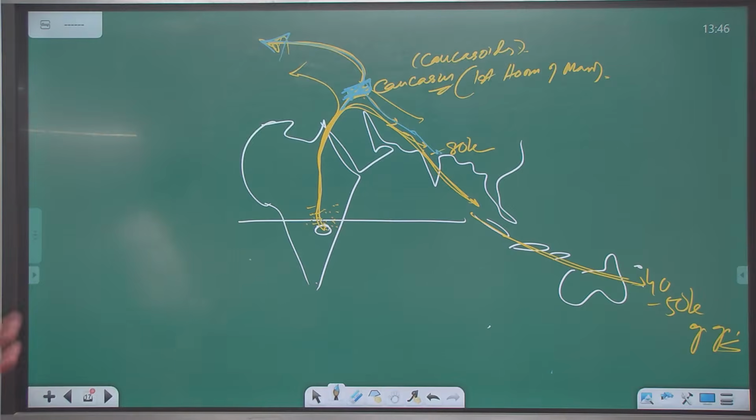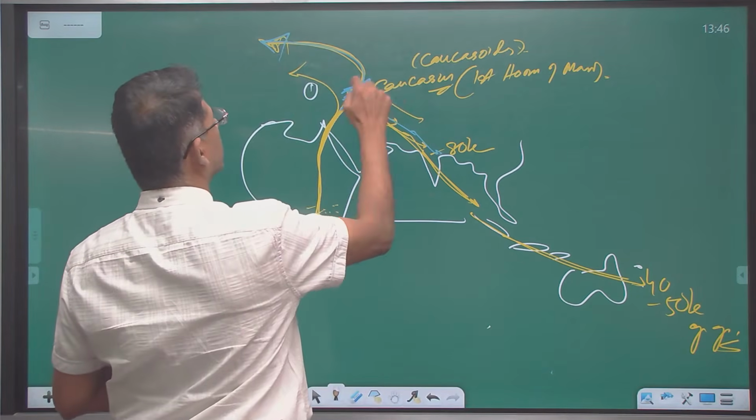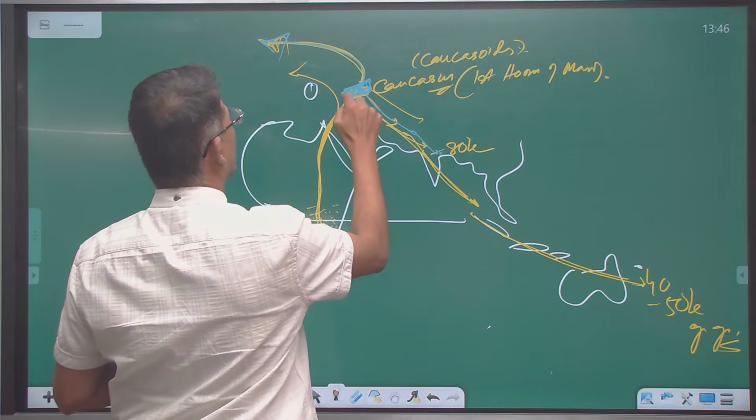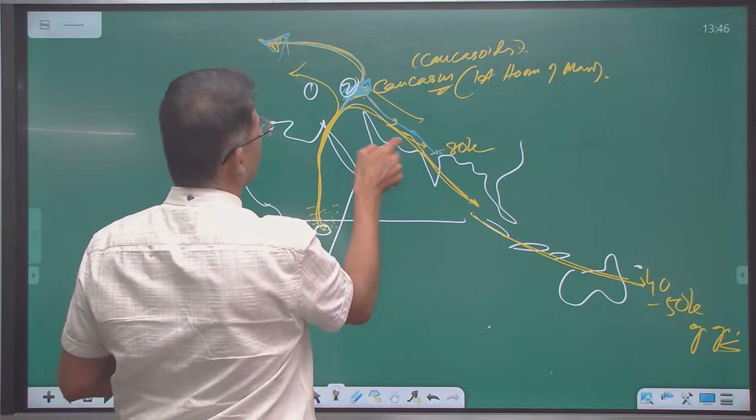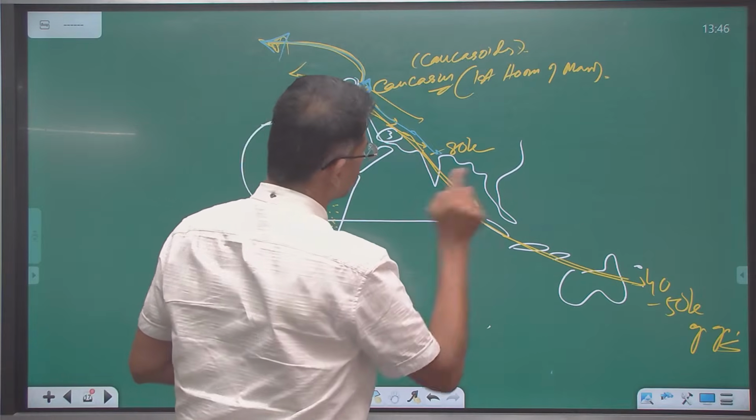So there are three branches if I put it like that. One, this is 2, and this is 3. 3 is directly coming like this.